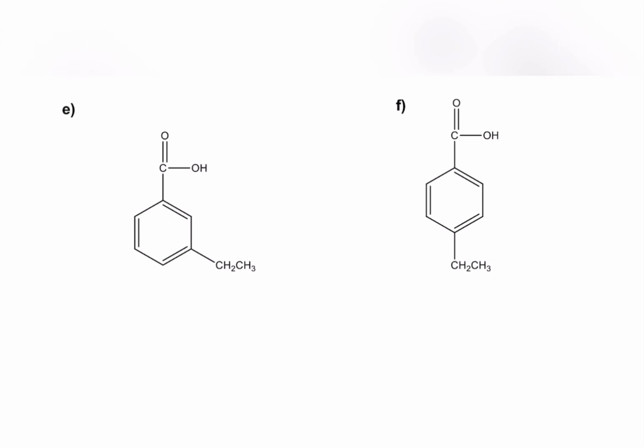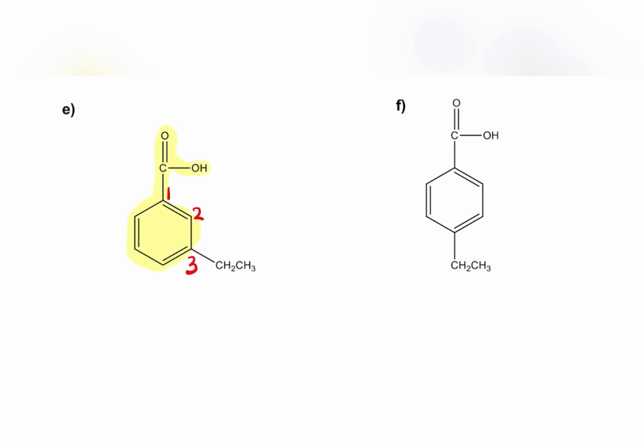Now let's go to the next one, structure E, where I also got the same structure as D. However, the position of my ethyl group is not at carbon number 2 anymore. It will be at carbon number 3. So if I give the numbering, this one is carbon number 1, 2, and 3.